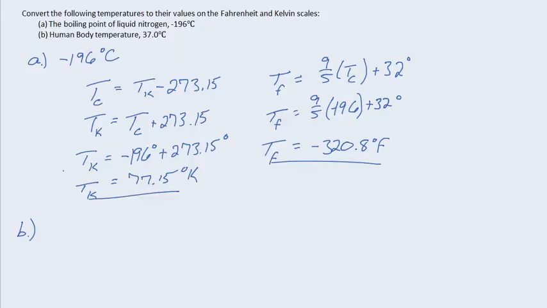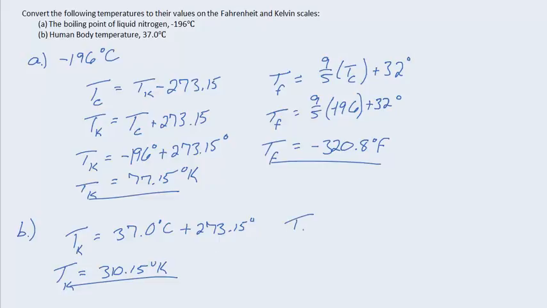Since we already rearranged our equation to solve from Celsius to Kelvin, we can use it below, where we see that our temperature in Kelvin is equal to our temperature in Celsius, which is given to us to be 37 degrees Celsius, plus 273.15 degrees, which will give us a temperature in Kelvin that is equal to 310.15 degrees Kelvin.